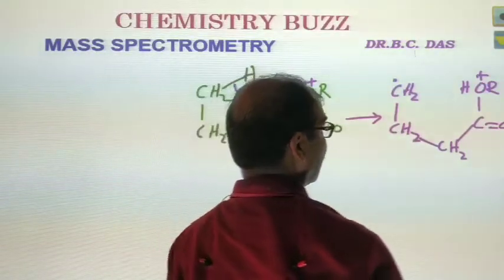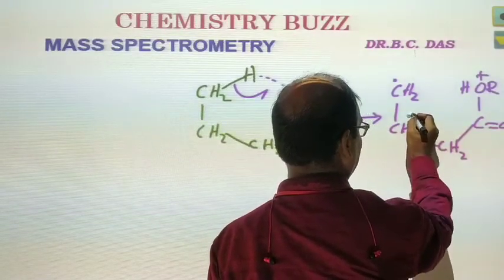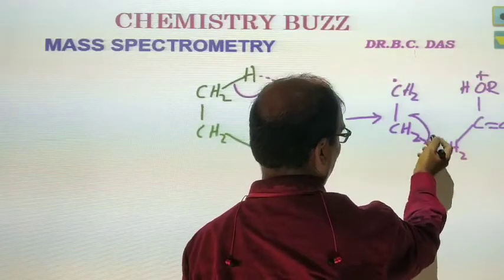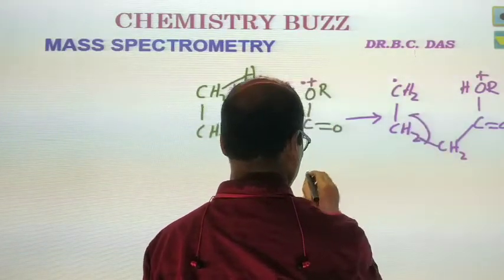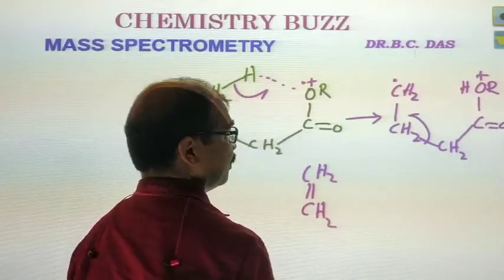So what happens in the alpha cleavage? The single electron from this bond will move in this direction to give you CH2 double bond CH2.